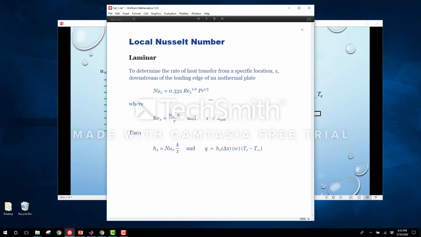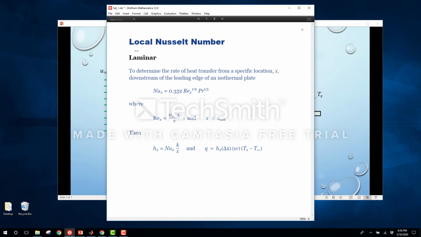So we will do that using this analytically derived version of the Nusselt number. So Nu sub x, so this is a Nusselt number that varies depending upon what x location you happen to be at. It's 0.332 times the square root of the Reynolds number times the Prandtl number raised to the 1/3. So in this case, we're using the local Reynolds number, where this x is the location on the plate that we are interested in.